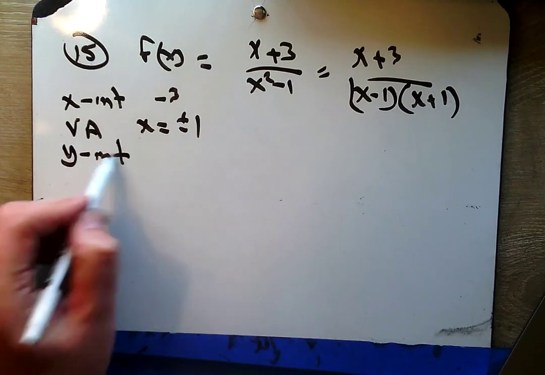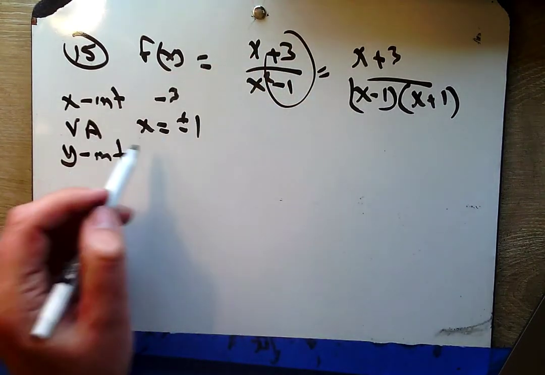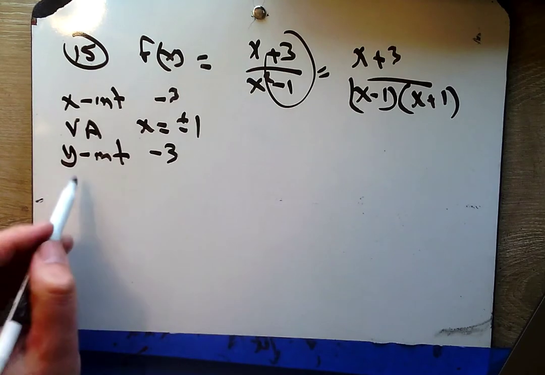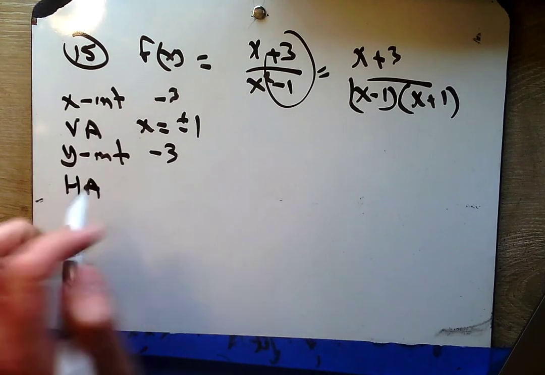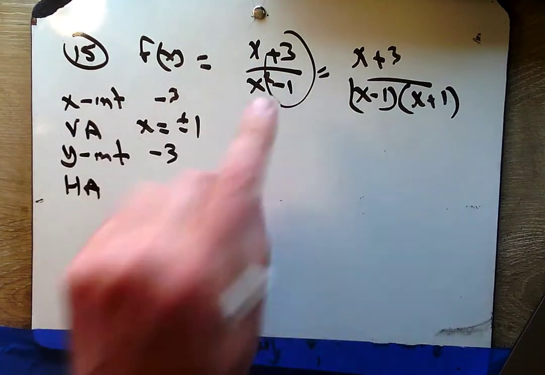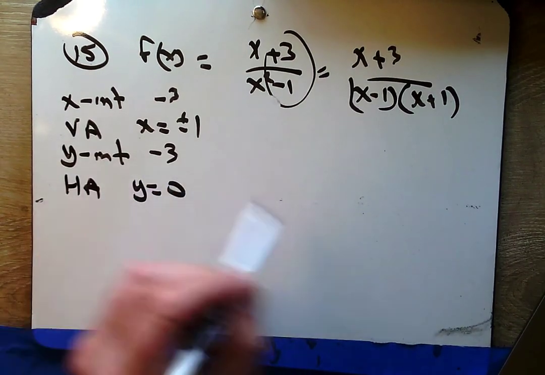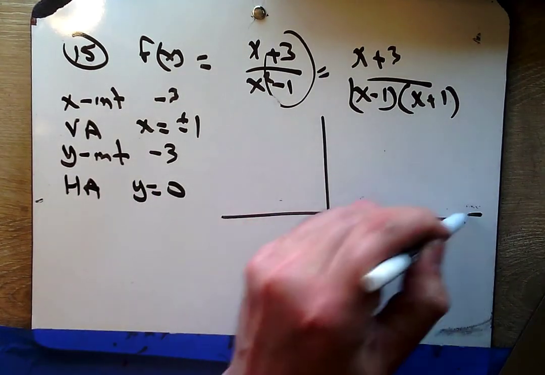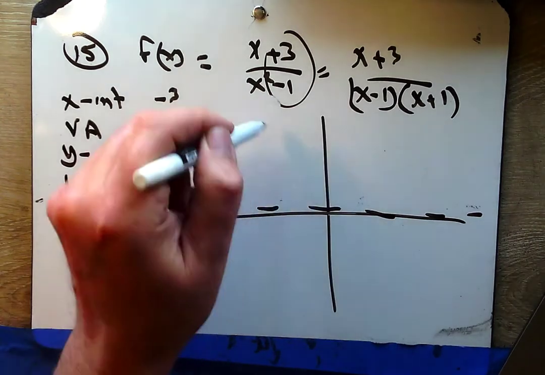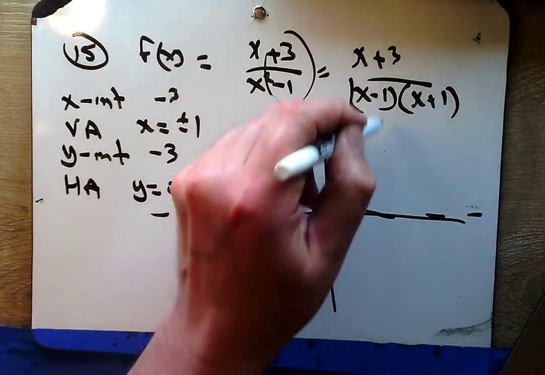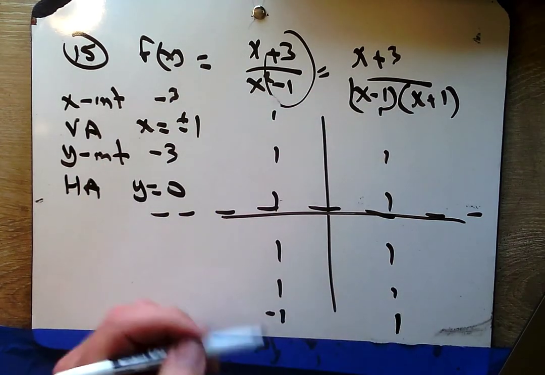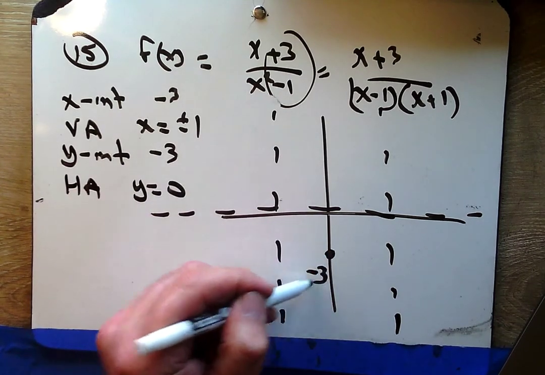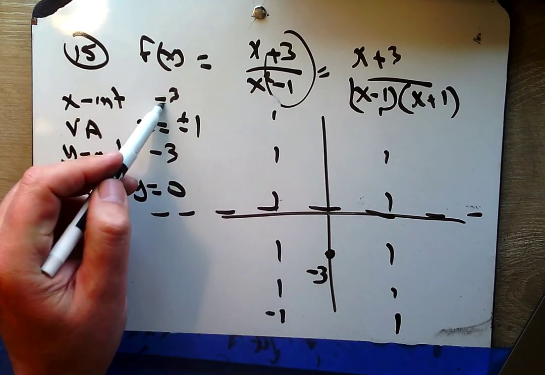We have a y-intercept of negative 3. And our horizontal asymptote, because the degree up here is smaller than the degree down here, is y equals 0. So let's graph what we know: a vertical asymptote, and a vertical asymptote, and a y-intercept, and an x-intercept.